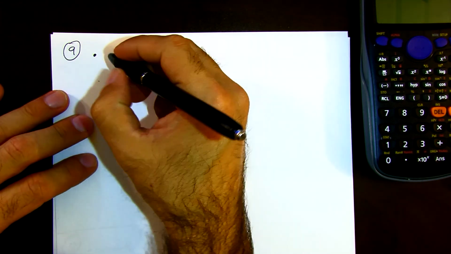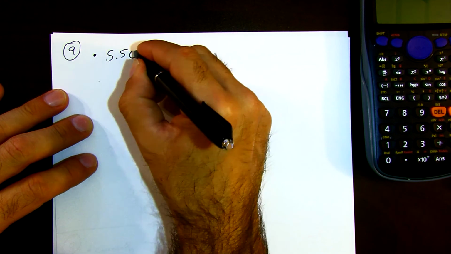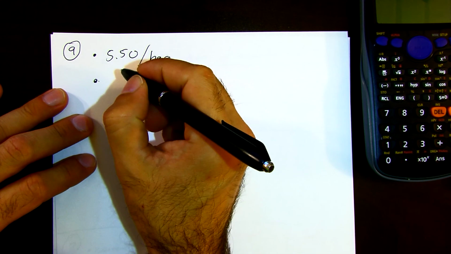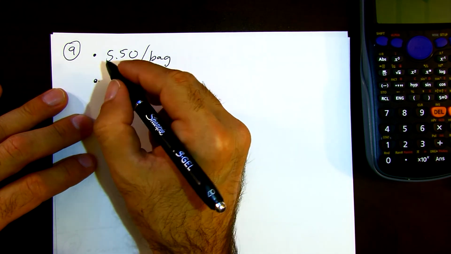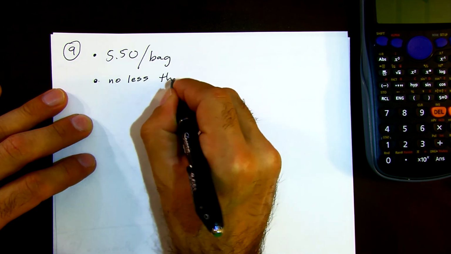Okay, this one was number 9. Here are my bullet points. Pet Supply makes a profit of $5.50 per bag of dog food.